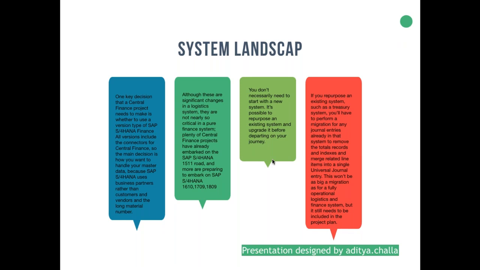If you are repurposing an existing system such as a treasury system, for example, I have a treasury system in existing R3, a finance system in existing R3, and CO data in a separate system.